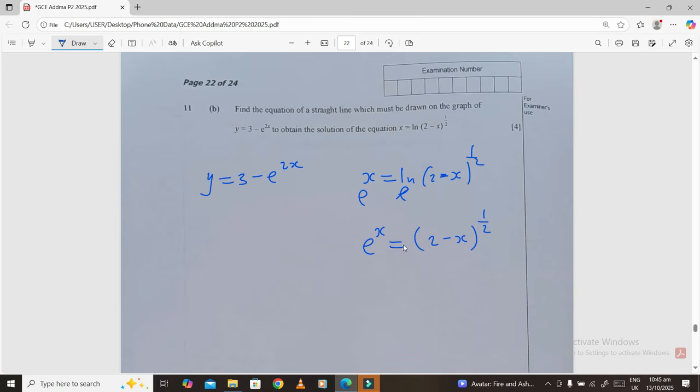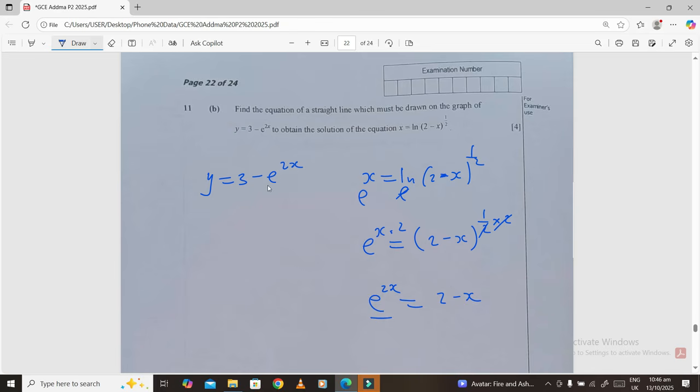So now we want to match this, looks like what we have right here. So here we can multiply the power by 2, even here by 2, which will be e power 2x is equal to 2 minus x. This and this will cancel, will remain with this.